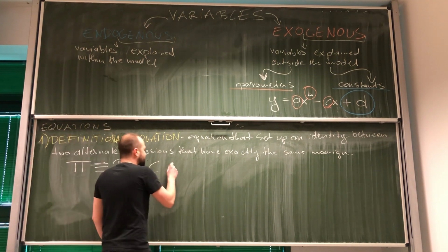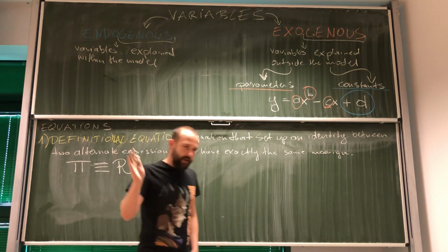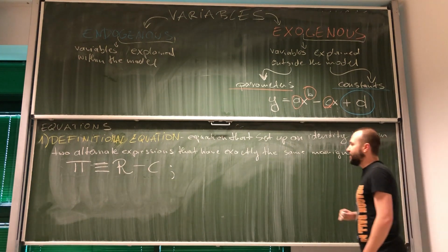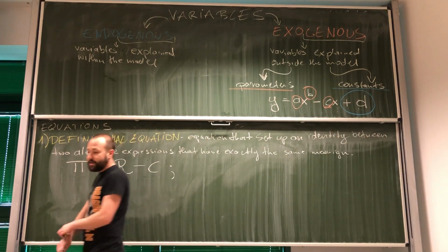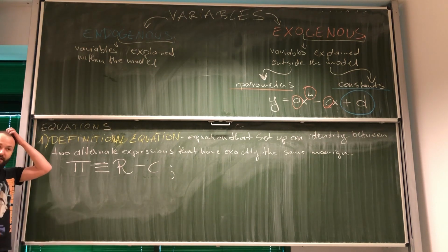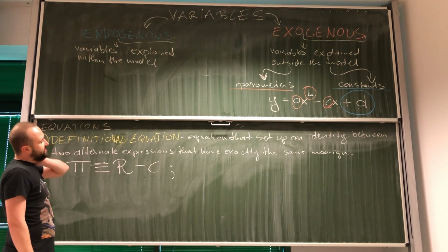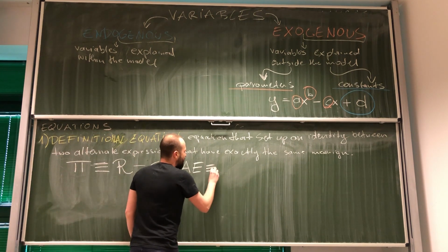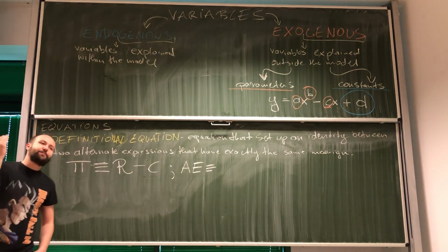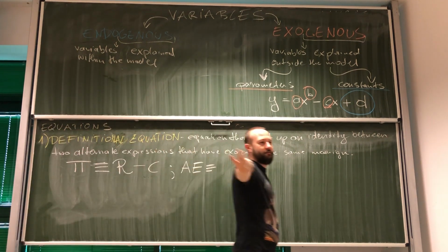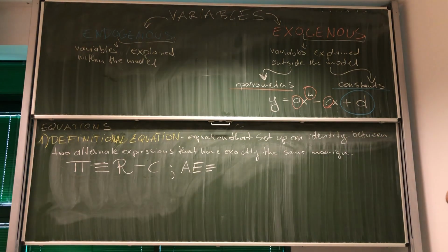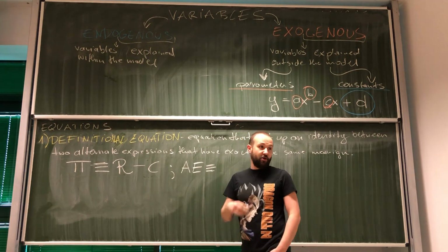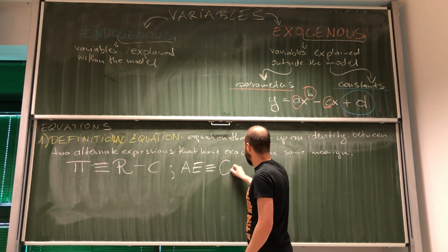Well, there's another good example of that you probably haven't started yet in your macroeconomics class, but this is one that you're going to use extensively, and actually we're going to use it extensively in this class as well. And this relationship concerns aggregate expenditures. So those are all the expenditures in the entire economy of some country. How do we define it? Well, those are expenditures of households, which we call consumption.